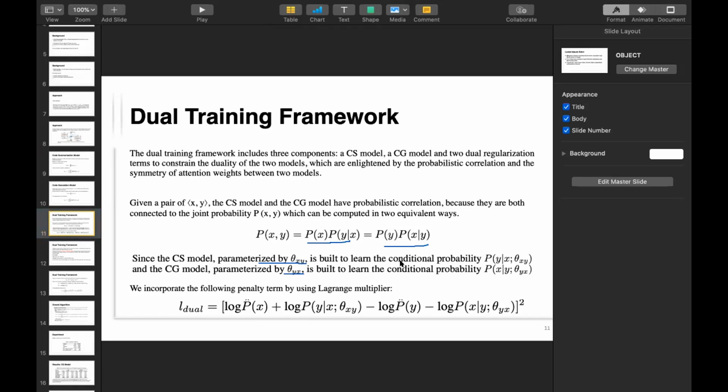So the conditional probability can also be represented as, given theta_xy and the source code, we want to compute. The theta means the weights of the neural network model. Yes, the weights.